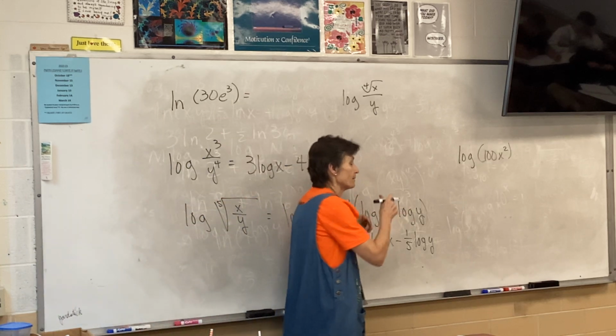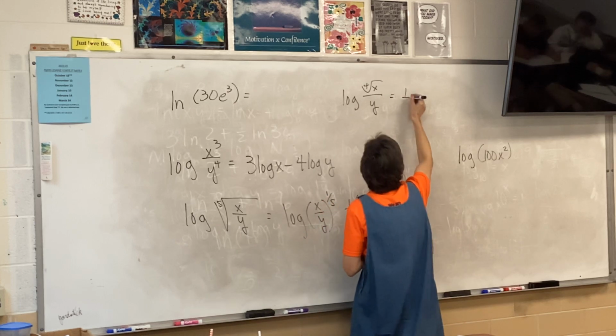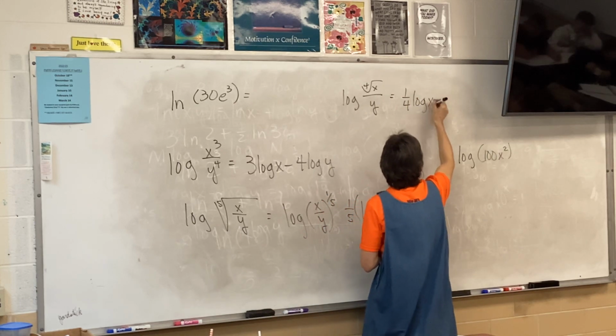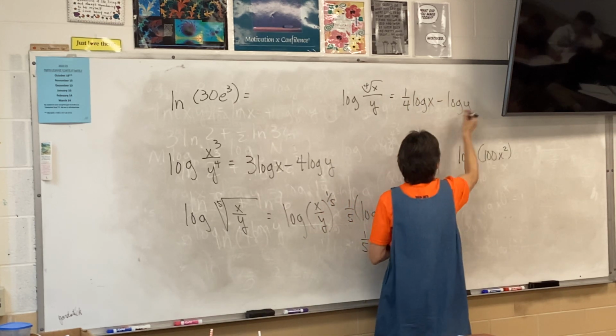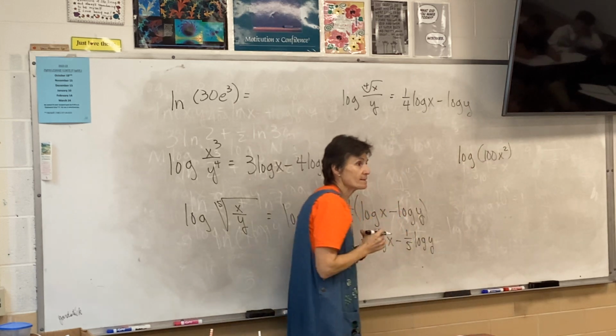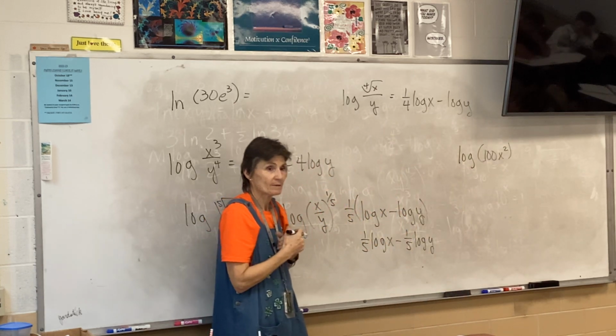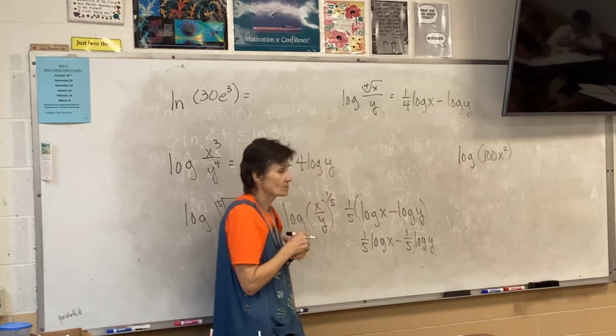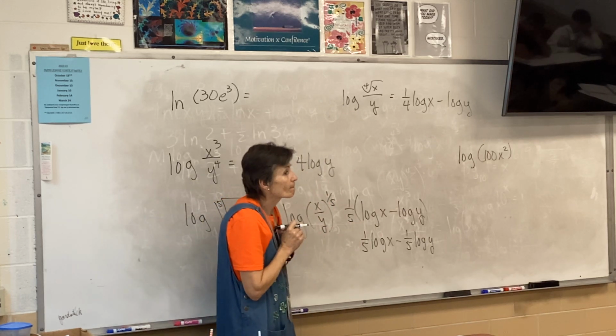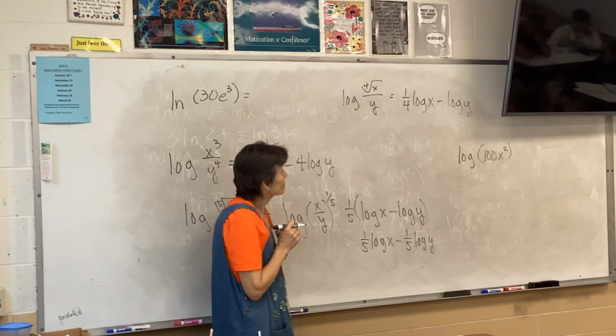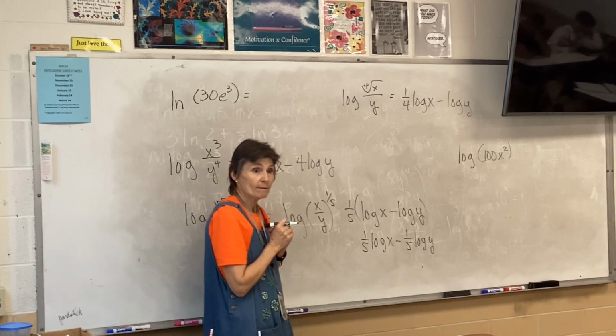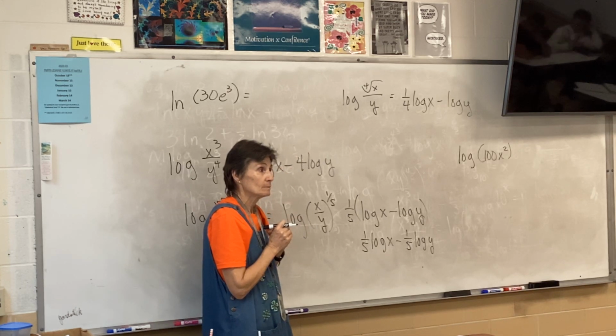Okay, what'd you get? I got 1/4 log x minus log y. Just like that? What do the rest of you think? Is that right, or do I need parentheses in there, or do I need something else, Lauren? You need a 1/4 in front of the log y. Do I? You'd have to put parentheses.